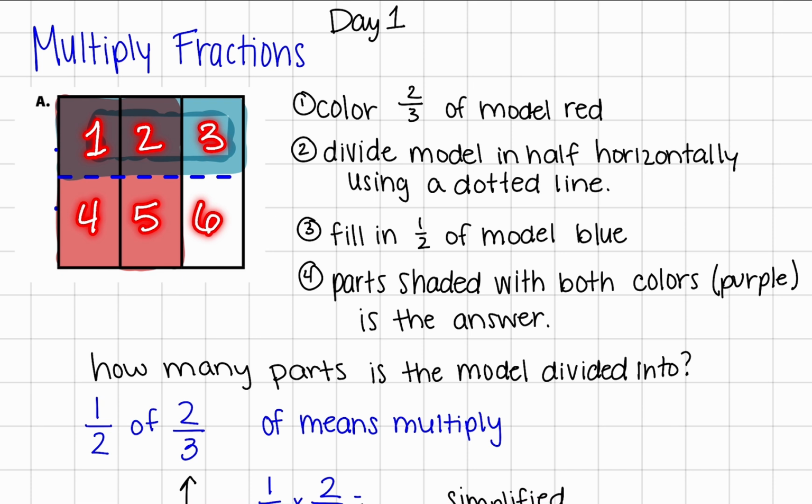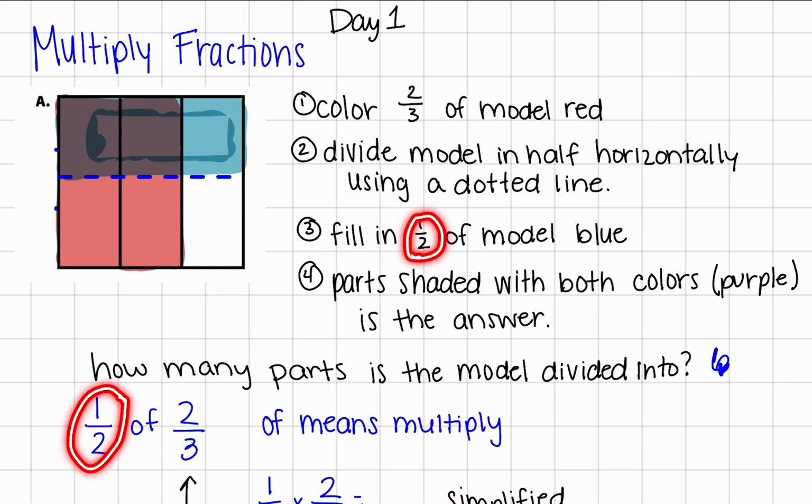Okay, so we have 6 parts. And how many are colored with both colors? 1, 2. Okay, so it's divided into 6 parts. So we have 1/2 of 2/3.